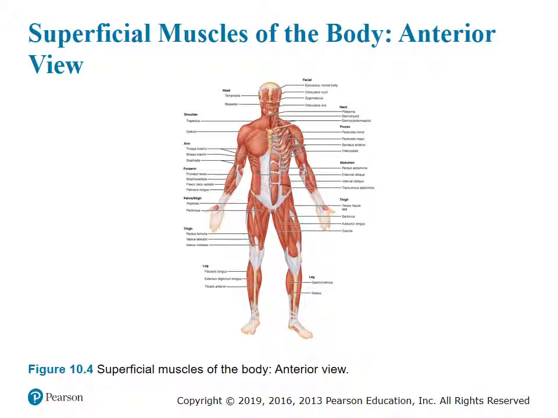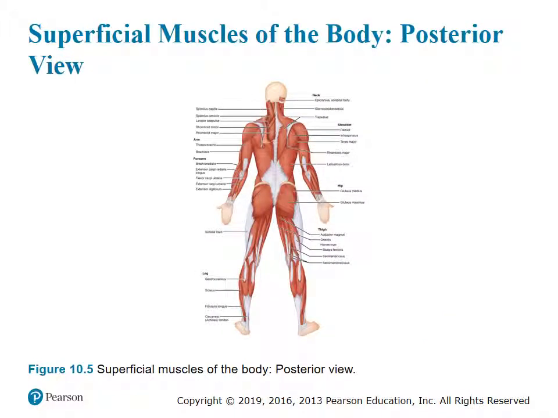Where's this origin and insertion group? What's its function? What movement does it create? And then start to look at the name and where that name comes from. Why do we call it, for example, the deltoid muscle, triangle? When we learn these muscles, here's the anterior, here's the posterior view.